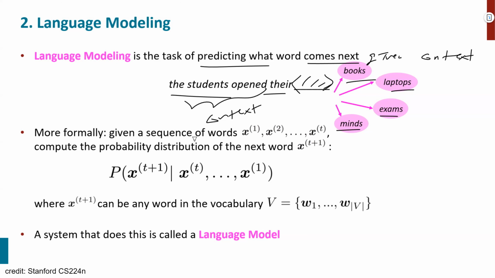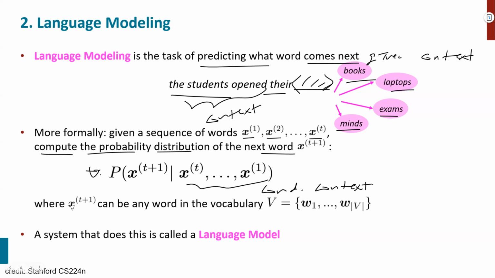And the formal definition of language modeling is like this. Given a sequence of words, x1, x2, up to xt, language modeling targets to compute the probability distribution of the next word. So you can express this using this equation, a conditional probability, and this is the condition or the context.